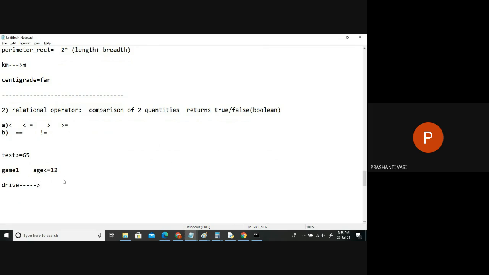So those students whose stream is equal to which stream? CSE. They are shortlisted. So here we are comparing with which symbol? Equality. If the stream of the person is CSE, they'll be shortlisted for that drive.